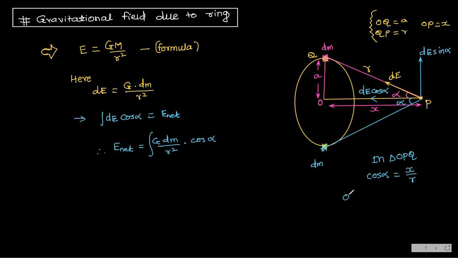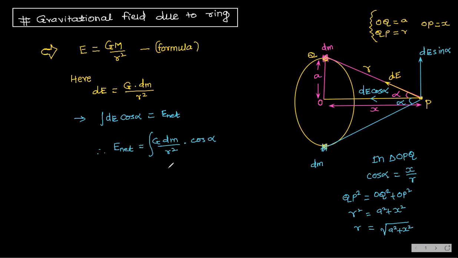In triangle OPQ only, can I write like this? You see, QP square is equal to OQ square plus OP square. QP is r, so r square is equal to OQ, which is a, so a square plus x square, and therefore r is equal to under root of a square plus x square. Is that clear?